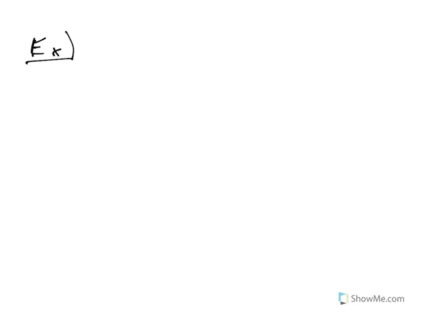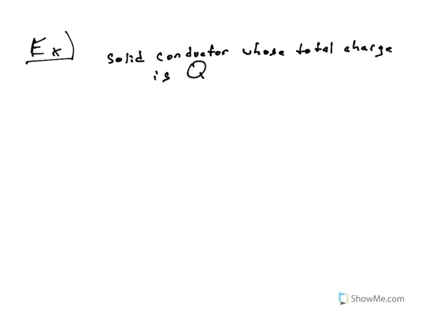You have a solid conductor whose total charge is Q, capital Q. We're going to say this conductor has a constant charge density.